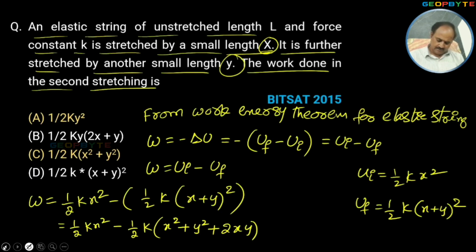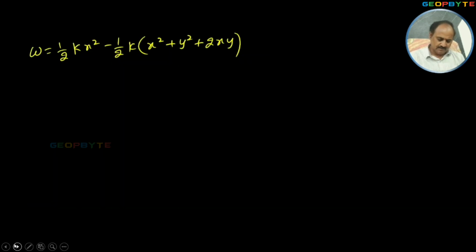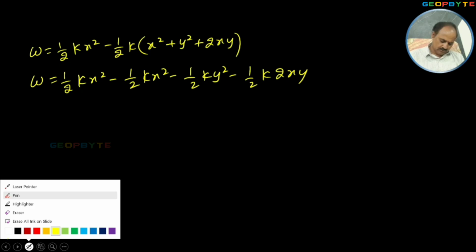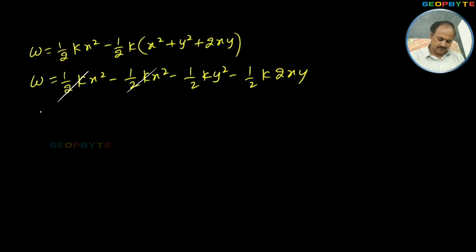Is it correct? Now let us simplify it. Work equal to half into kx square minus half kx square minus half ky square minus half k 2xy. Now let us cancel the first two quantities.